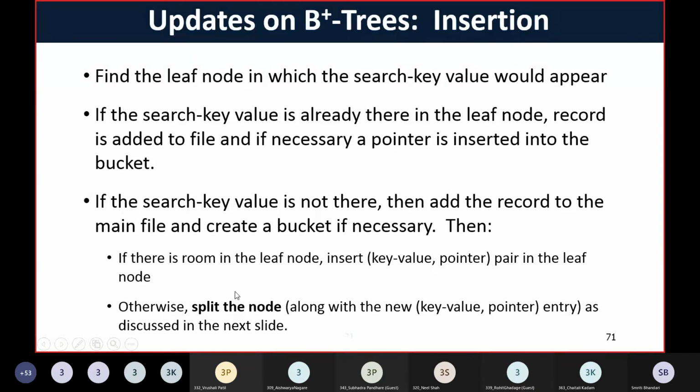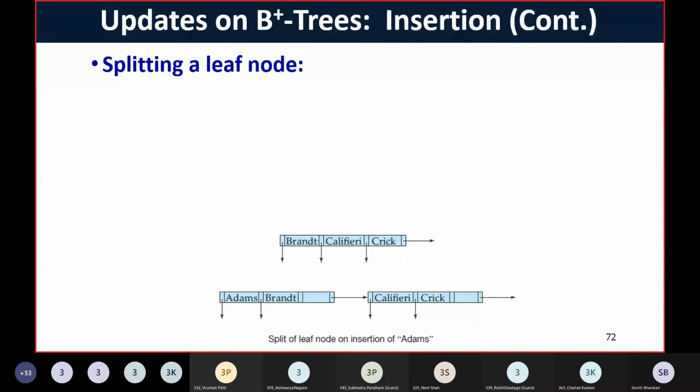Splitting the node means, as the leaf node is full, we need to add one more leaf node. And this process is known as splitting the node. Right? So, how to split the leaf node? That procedure we are going to discuss next. Right? Say for example, this is my leaf node.